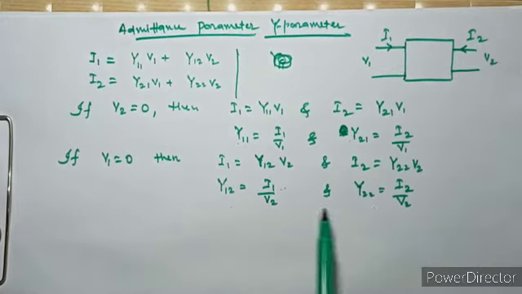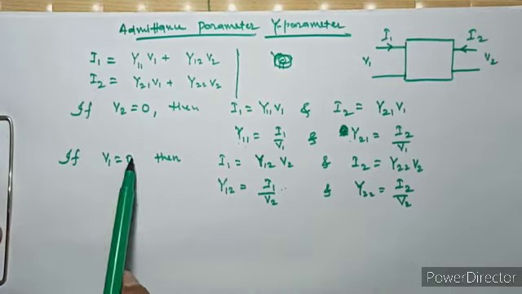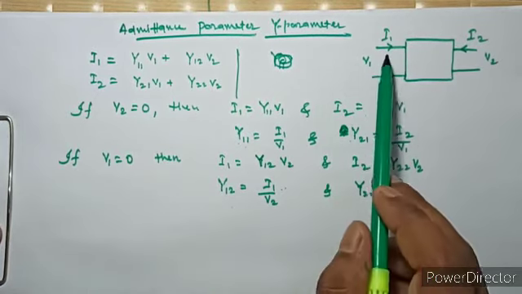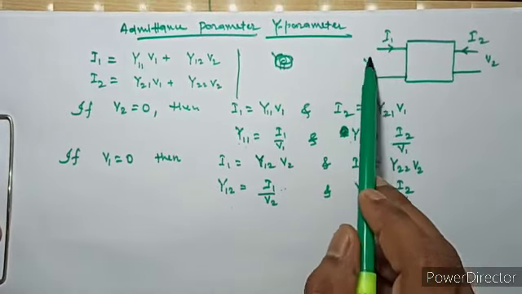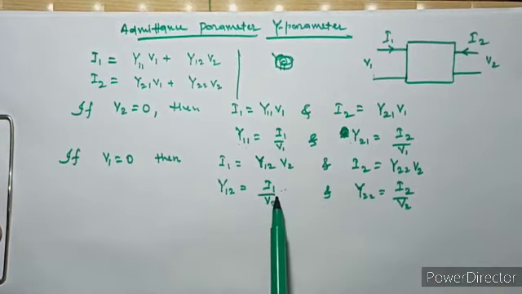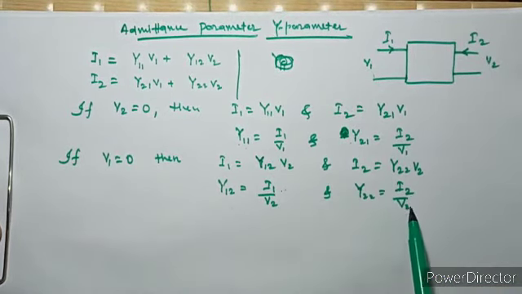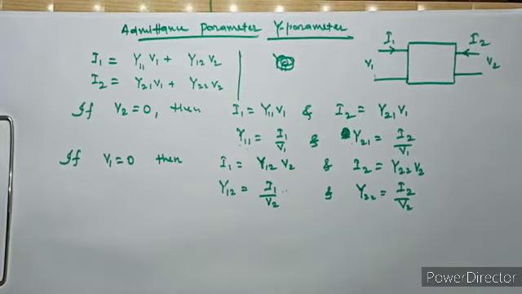Similarly, to get Y12 and Y22, we have to make V1 equal to 0, meaning we short circuit the input port and calculate these quantities as I1 by V2 and I2 by V2. Now to understand the admittance parameter, let us take an example.